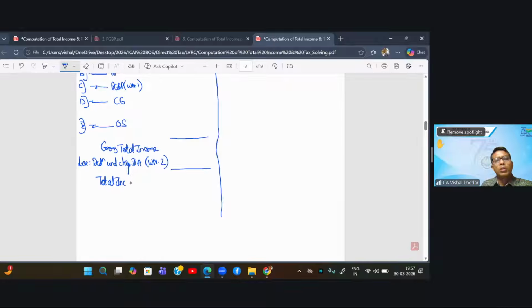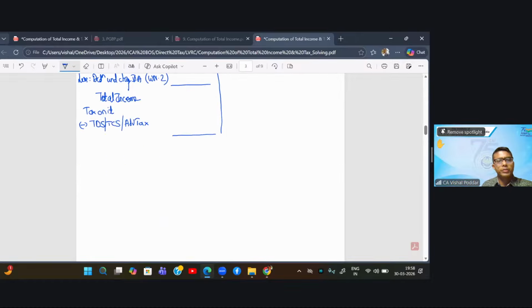This is your total income, then tax on it, minus TDS, TCS, advance tax. We have few of these items here. And then this is your tax or refund due. Fine.